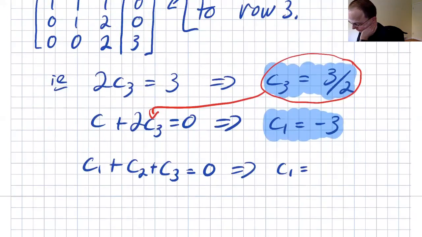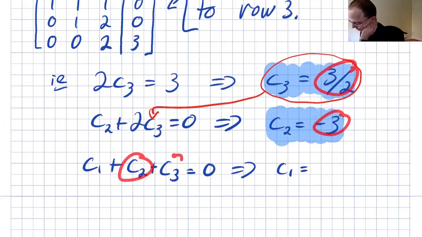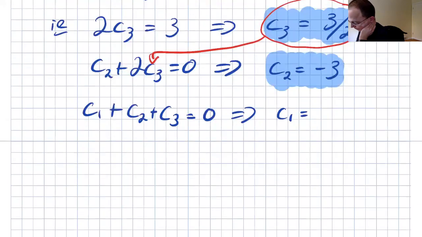That's a C2 there. Okay. All right, so now I'm going to substitute this -3 into here, and the 3 over 2 goes there. So we'll end up getting C1 is equal to 3 minus 3 over 2, and that is 3 over 2.